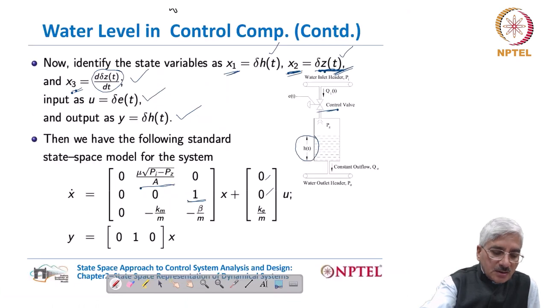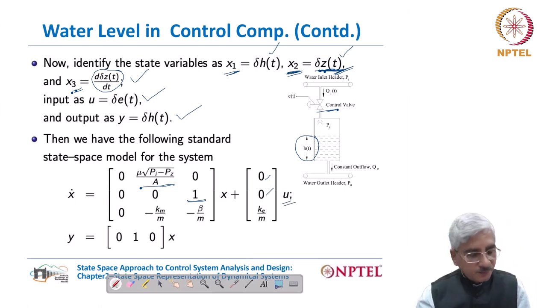So with this knowledge, we can write that x3 dot equal to minus beta by m into x3 minus k by m into x2 plus ke by m into e, which is identified as input.